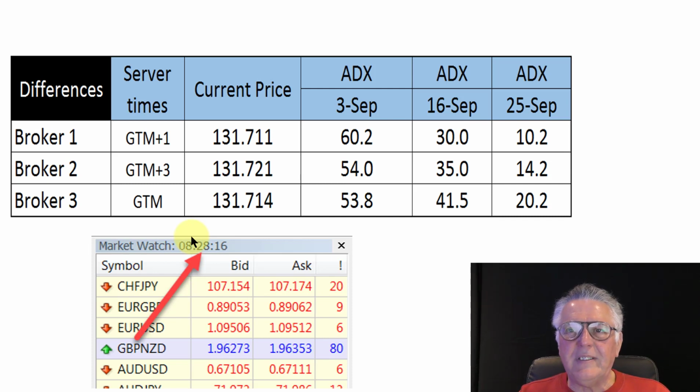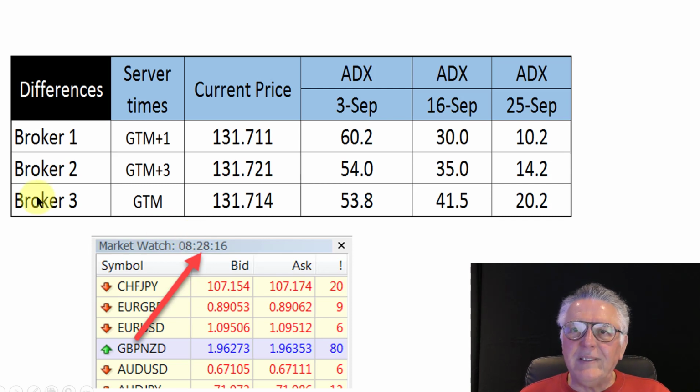So that's the one difference that came out of this. The other difference, which was quite amazing, which I didn't expect, was there's quite a bit of a difference in the prices. You can see there's up to a whole pip of difference between the prices from the highest price to the lowest price. Quite disappointing. I actually thought they would be a lot closer.